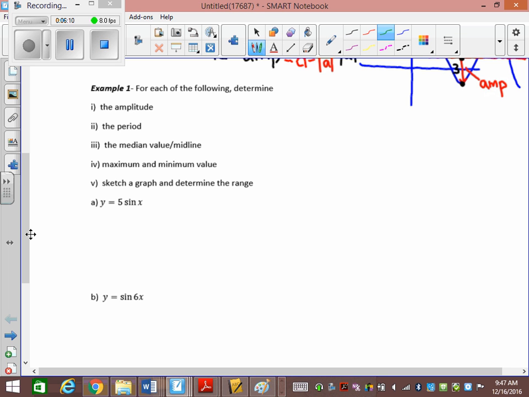So this is going to be y equals 5 sine, what's my B value? 1. And what's my C and my D? They're both 0. Do I have to put that? No. Okay. So 1, my amplitude.